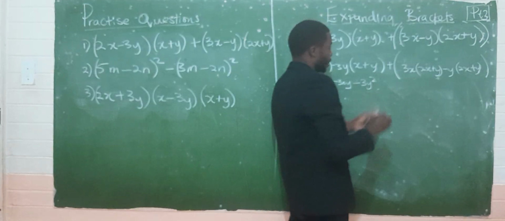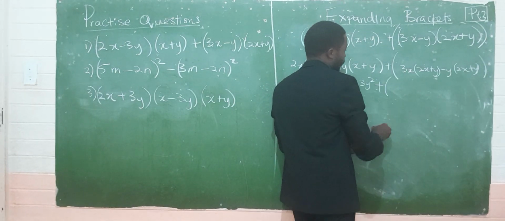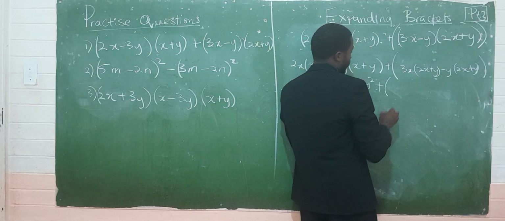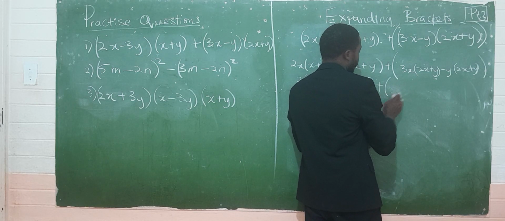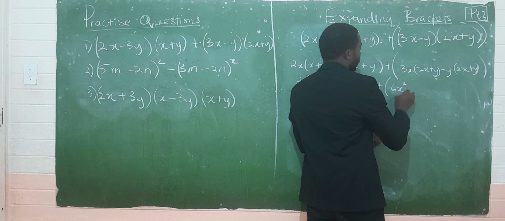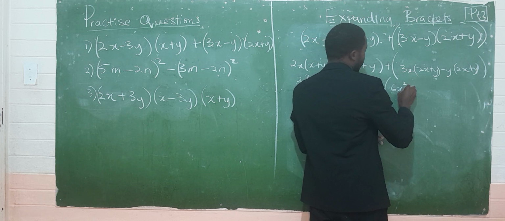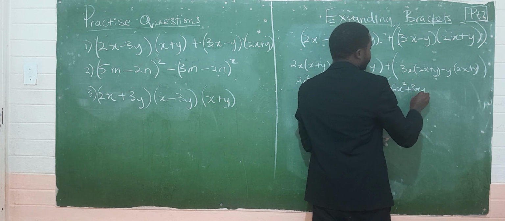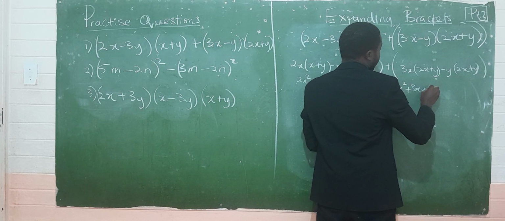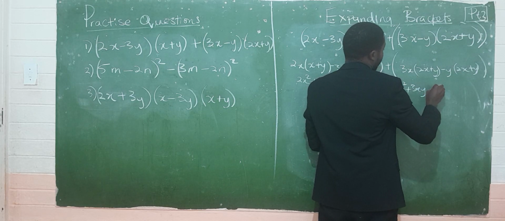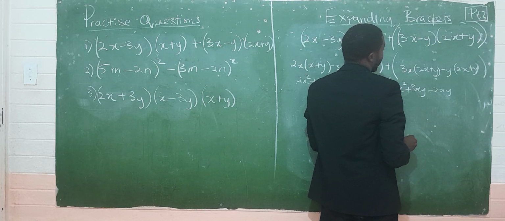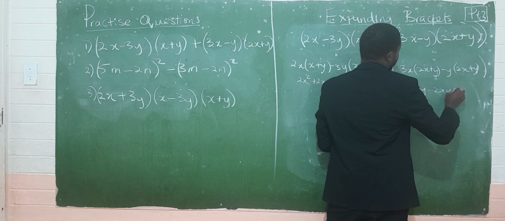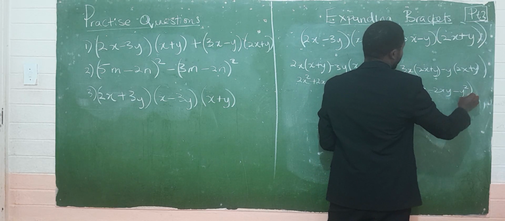And I'm going to add that other bracket there. 3x times 2x, that's going to be 6x squared, and 3x times y, that's going to be 3xy. And of course, minus y times 2x, that's going to be negative 2xy, and minus y times y, that's going to be negative y squared.